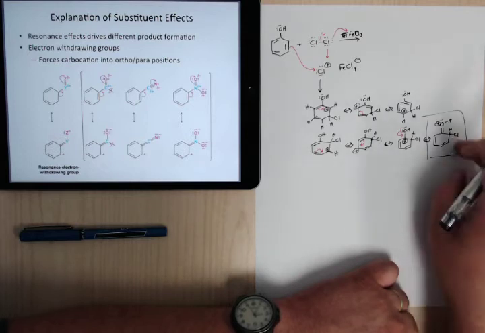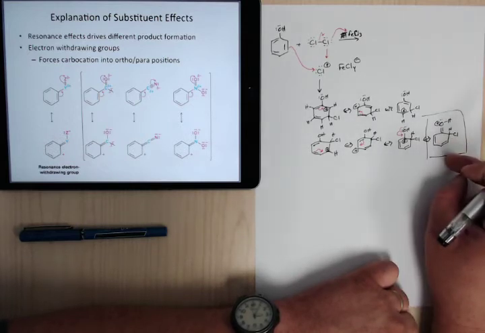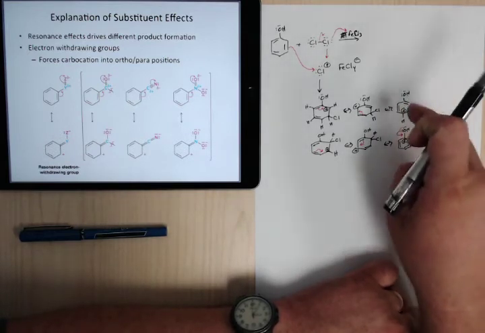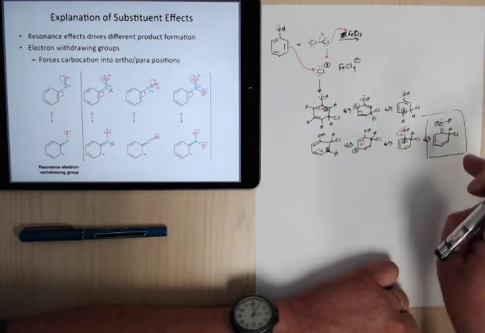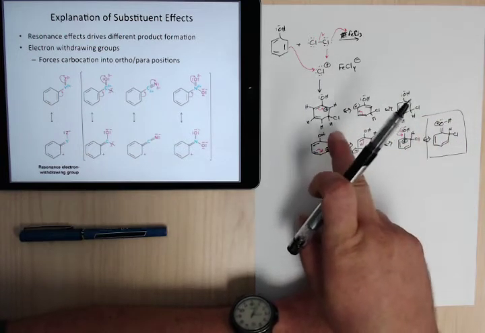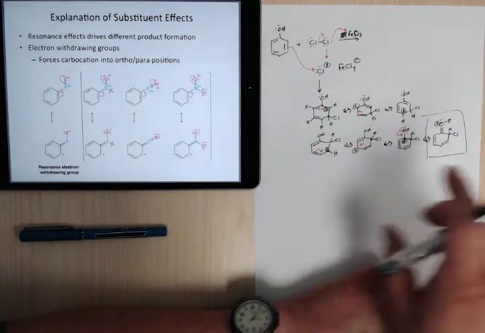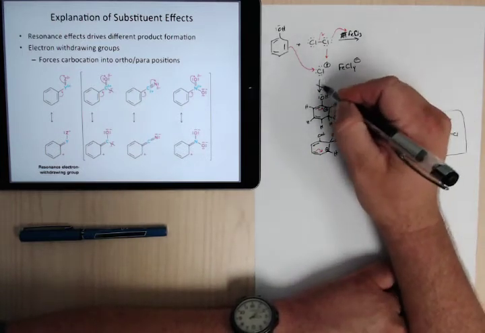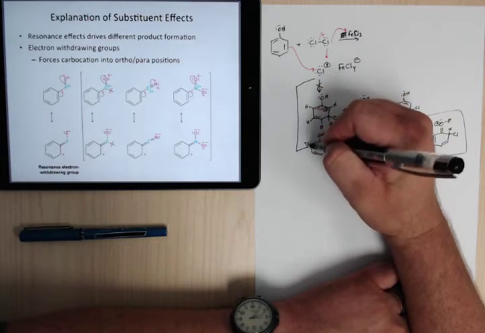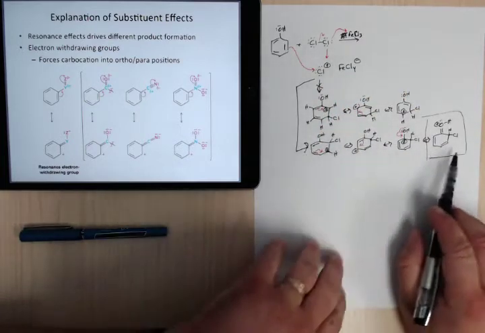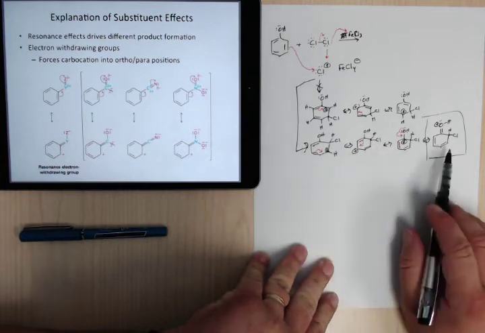We can't access this resonance structure if we put it in the meta position. We can only do that if we put it in the ortho, or it would also work with the para. So it's going to want to go this pathway because it's better able to stabilize that carbocation.